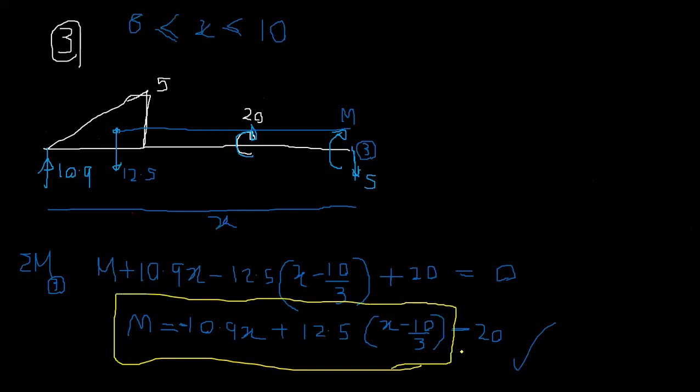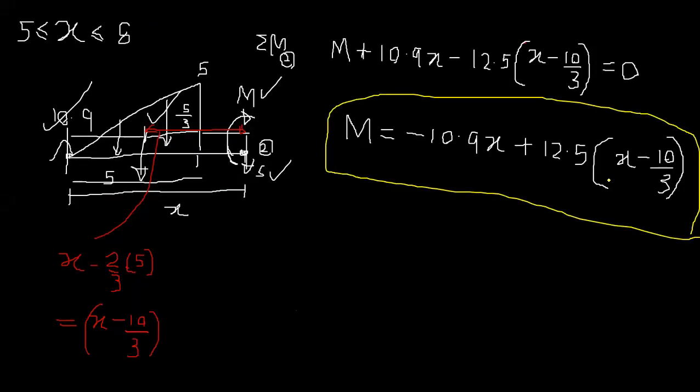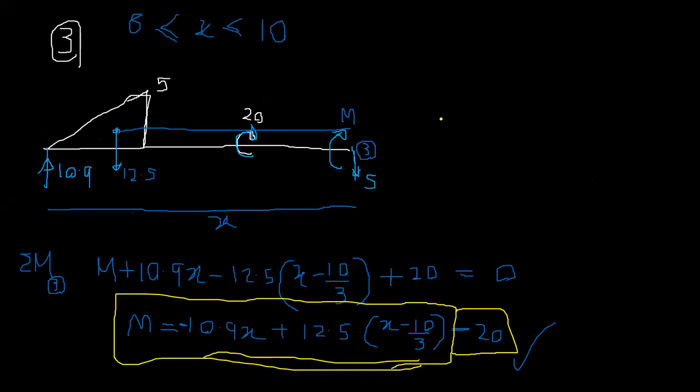The difference is, as soon as it passes 8, it reduces by 20.